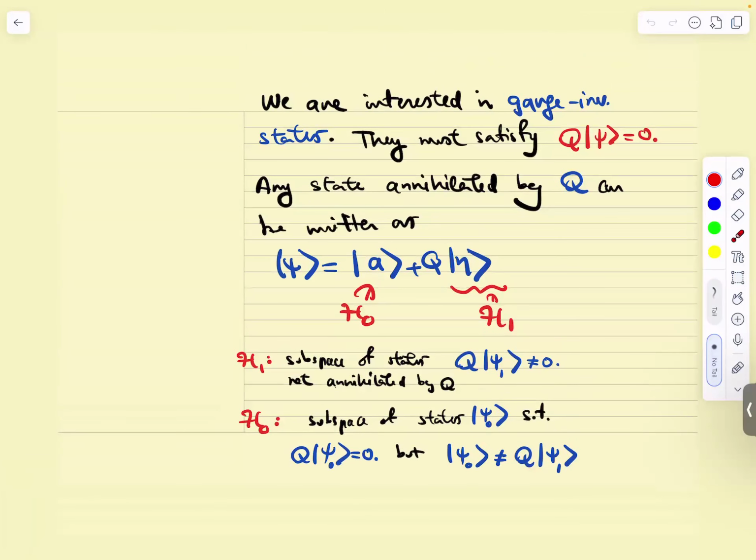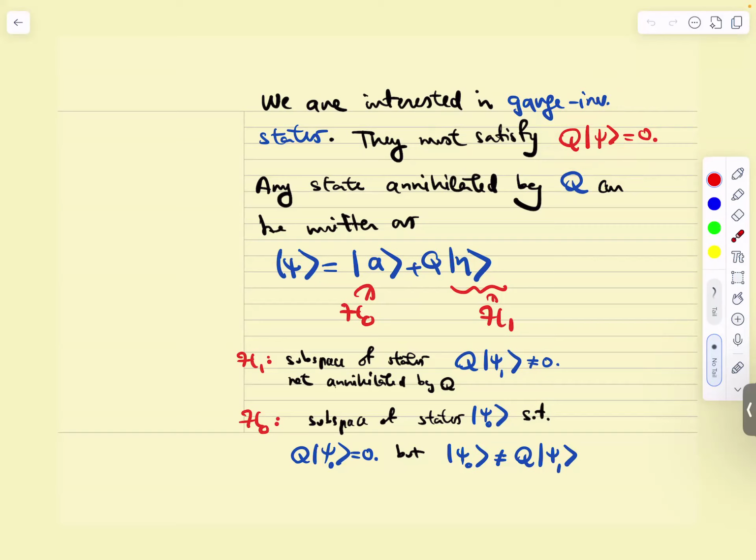We are interested in gauge invariant states. A gauge invariant state must be killed by Q. Q is the generator of this transformation, and this transformation at the end of the day is a gauge transformation. So any gauge invariant state must be killed by Q. The states psi that we're writing down live in this unphysical Hilbert space, and we're going to use Q as a way of characterizing what is physical.